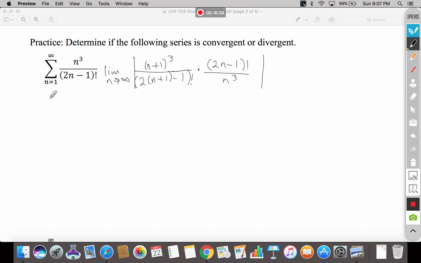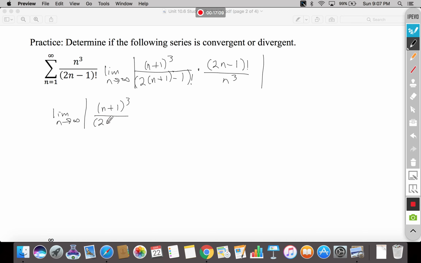So I'm going to do the limit as n approaches infinity of the absolute value of n plus 1 cubed over, all right, 2 times n plus 1 minus 1. So that's going to be 2n. So that's going to be my new denominator down here.